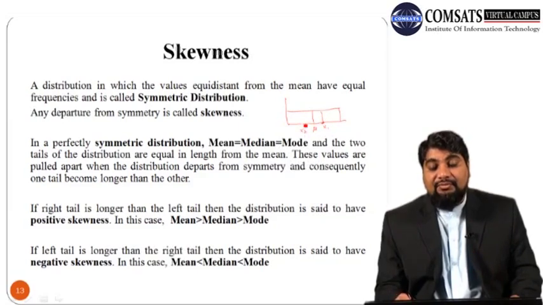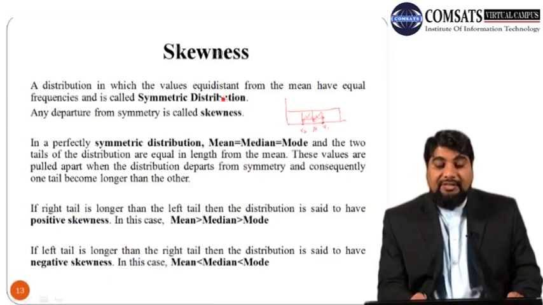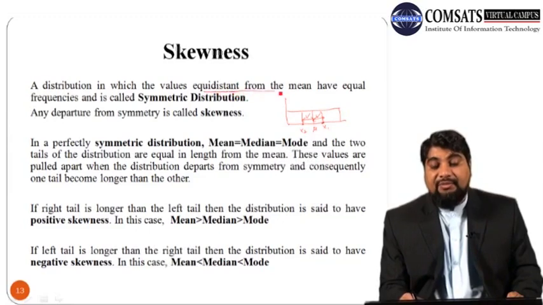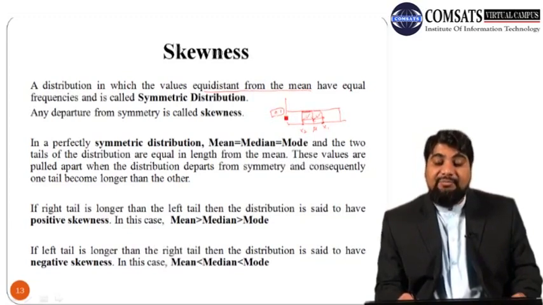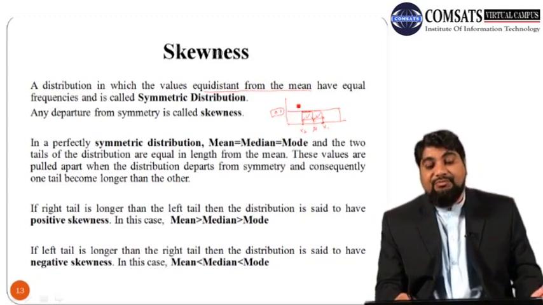If we measure the gap of the first observation x1 from the mean and the gap of the second observation from the mean, and this gap is the same, then they are equidistant from the mean. We can measure the frequency from the height. So suppose the frequency of each of these two values is the same, which is 0.1 or 10%. Then it is called a symmetric distribution.